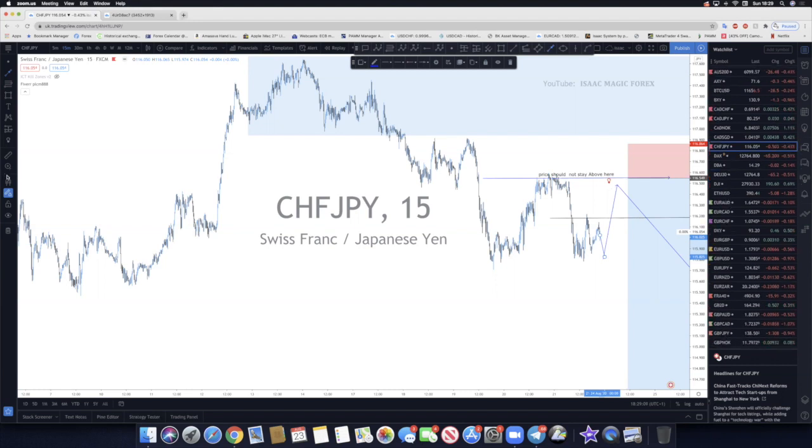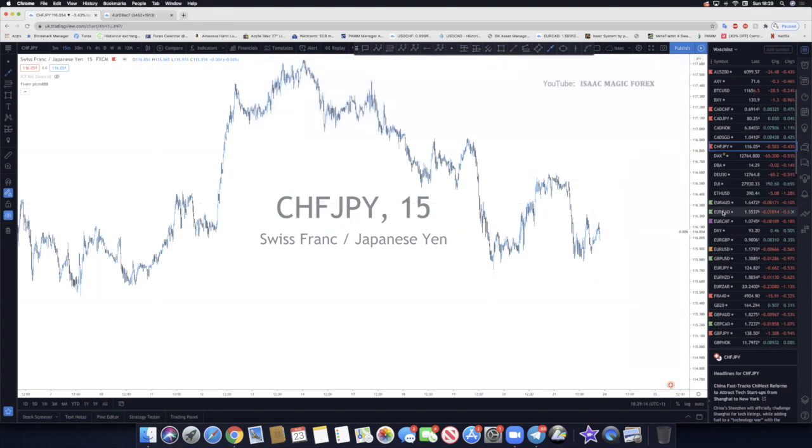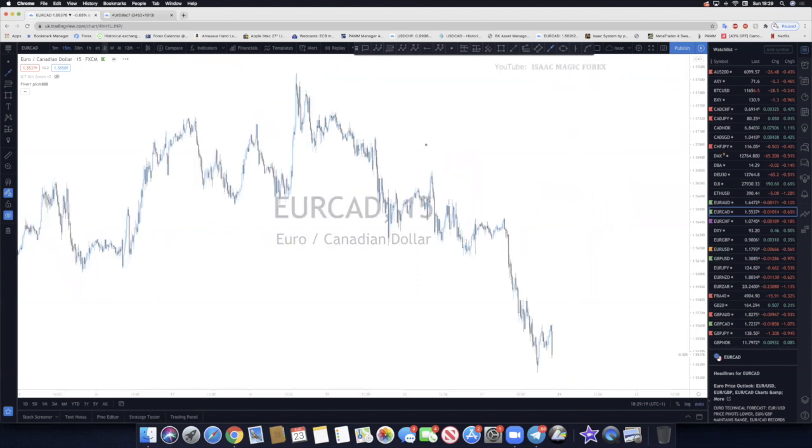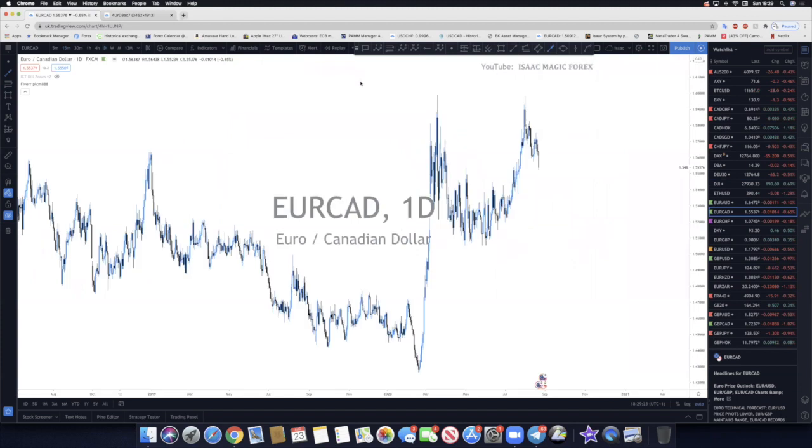Euro Cad. The next one, I'm not going to do Euro Oz because there is no necessary point of doing that, it's too slow. So Euro Cad as well, we are heading downside. I'm expecting Euro Cad to come and finish this because this is structure. We broke structure already, for those who are still asking.